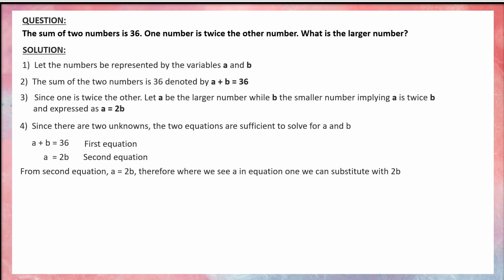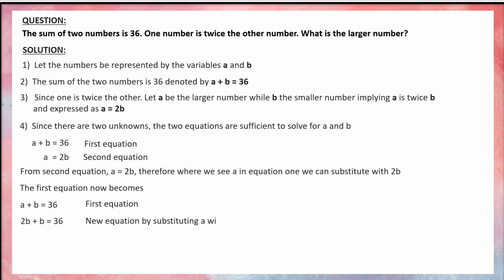That means anywhere you see A, just put 2B in equation 1, and that will help us come up with a new equation. A plus B is 36, the first equation, but we'll now substitute A with 2B. So now we have 2B plus B is 36.